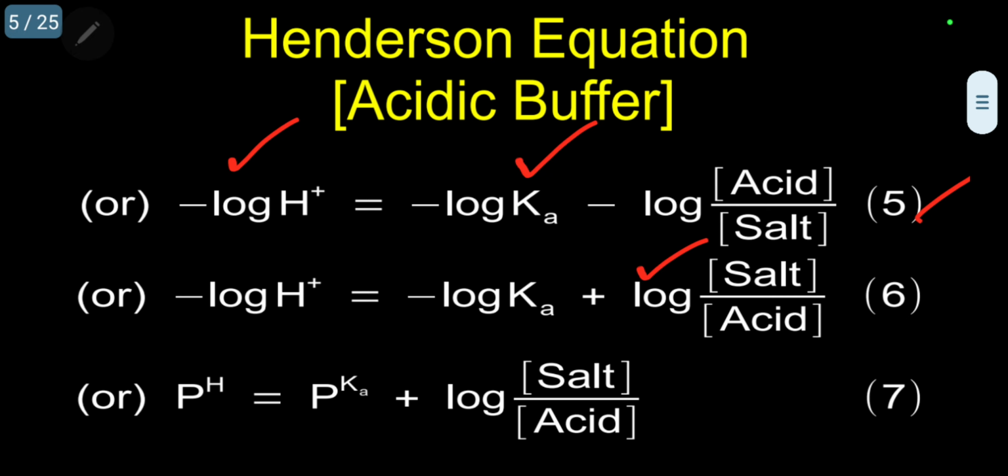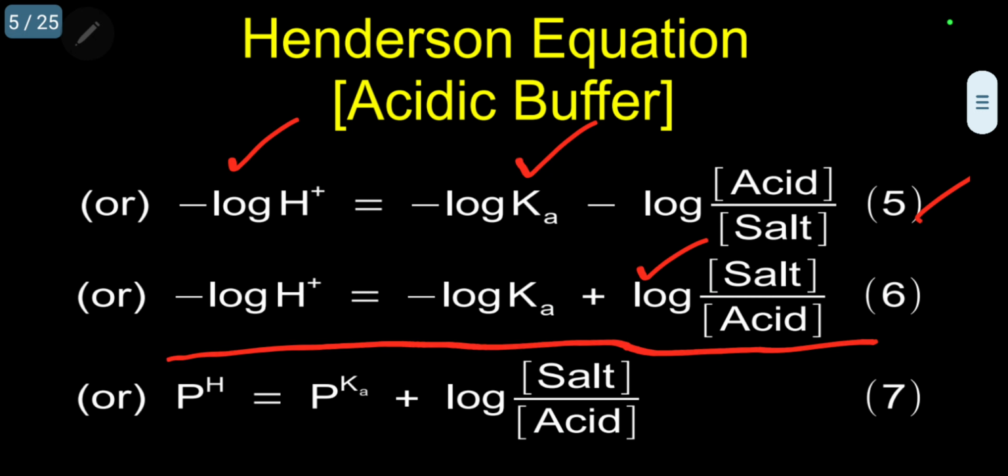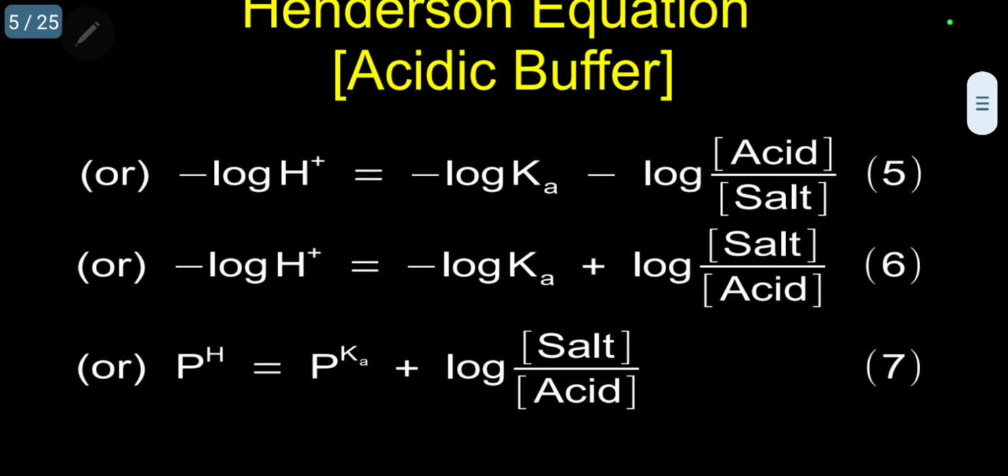Finally I am converting these equations to the more usual form: pH equals pKa plus log salt by acid, because pH equals minus log H+ and pKa equals minus log Ka. Using this equation only, we can answer the questions.